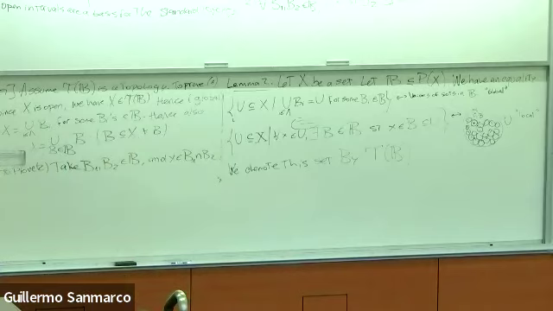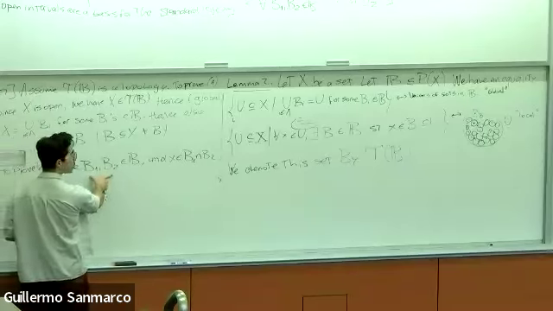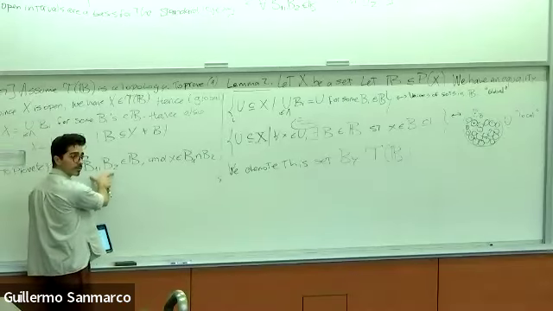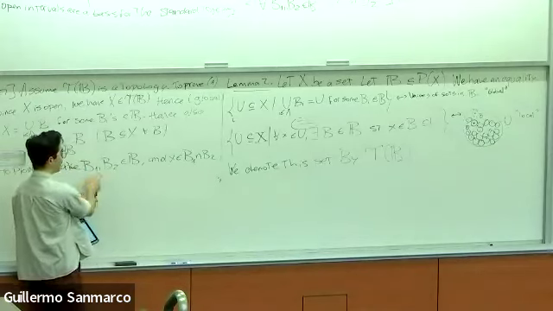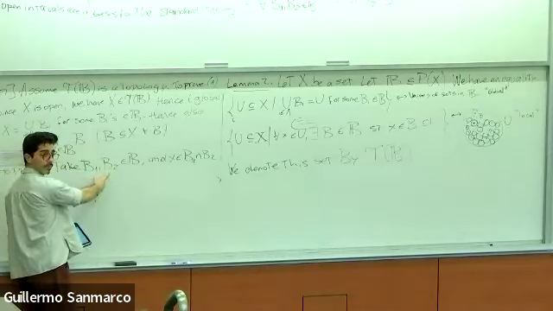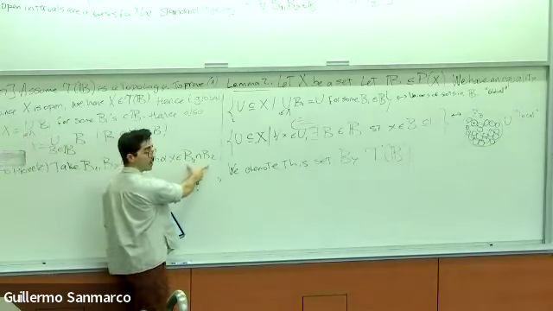So what do we do about this? We're assuming T of B is a topology, right? These two guys are in B, so also in T of B. This is just the easiest union that you can have, a union of one element. So these two guys are open. Then also the intersection is open, right?